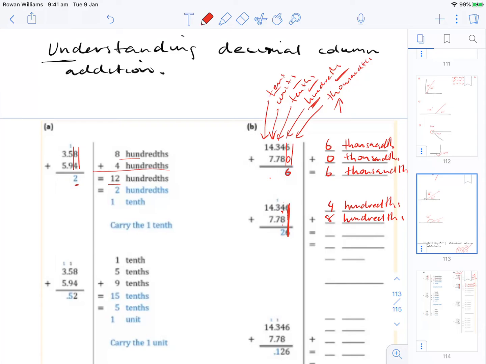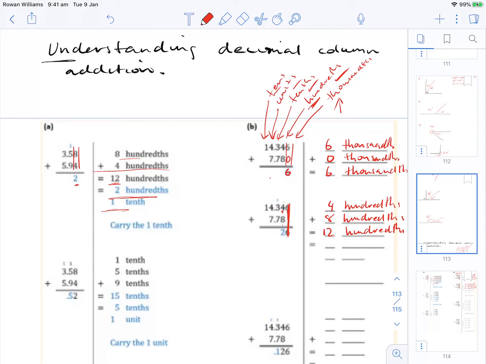And what does that leave me with? Well, 4 plus 8 equals 12 hundredths. Which also equals, and we can see how they write over here, they've got 12 hundredths here, and what have they done? They've split it up into 2 hundredths and 1/10.